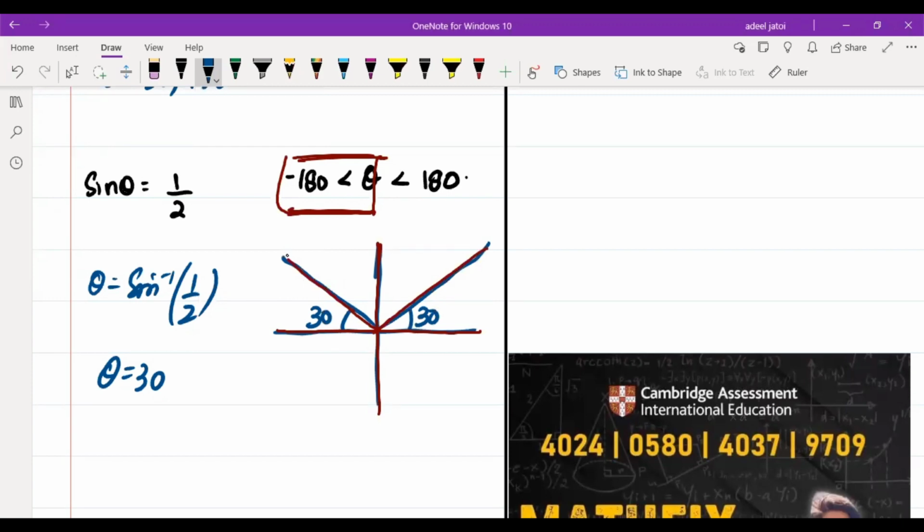But we already know that for positive, you go anti-clockwise, and for negative, we go clockwise. This is 0 and this is 180.